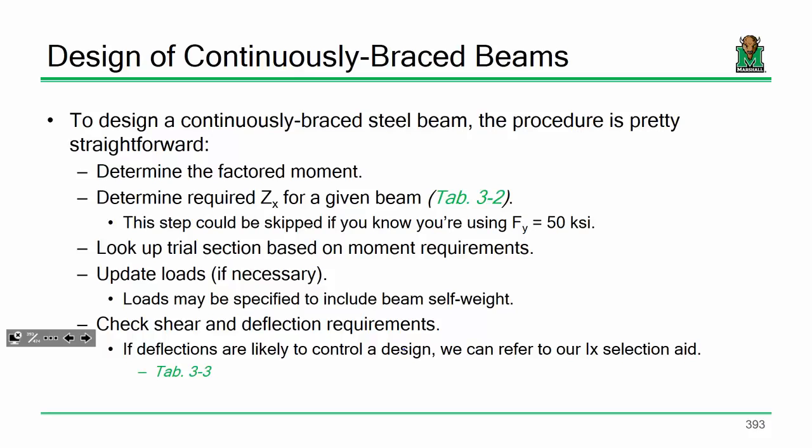If not, then you would need to look it up. Look up that section based on moment requirements, and then update your loads if necessary. So if you assume 50 pounds per foot and your beam weighs 200 pounds per foot, you need to go through and update your loads. Other than that, it's pretty straightforward.